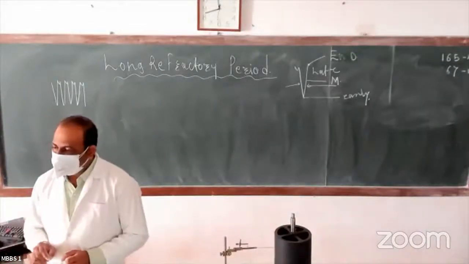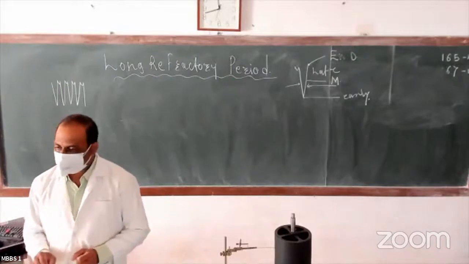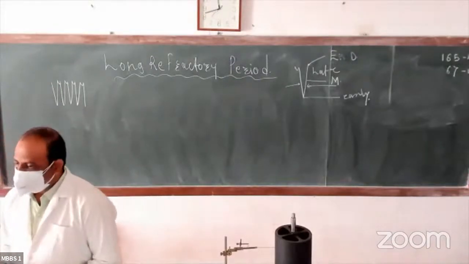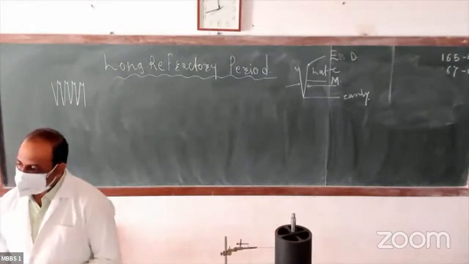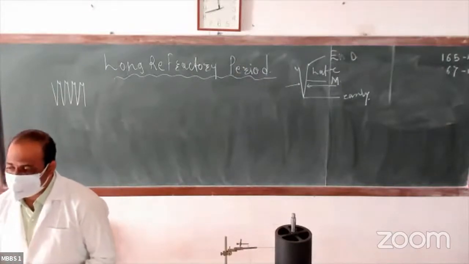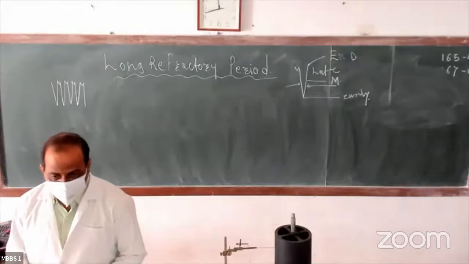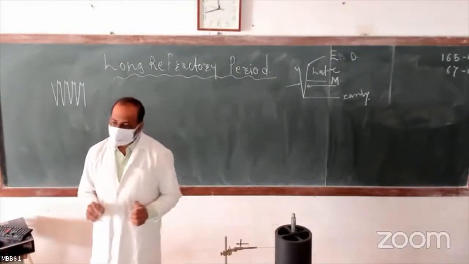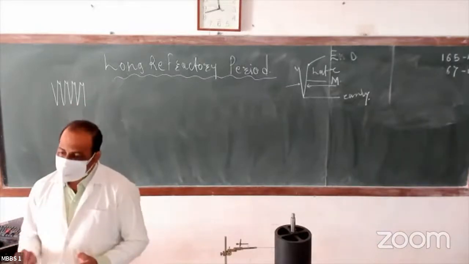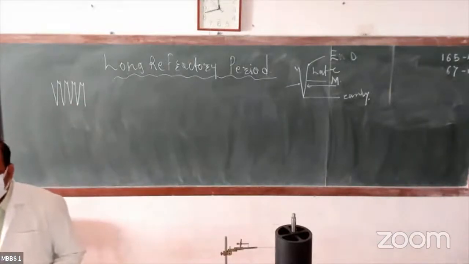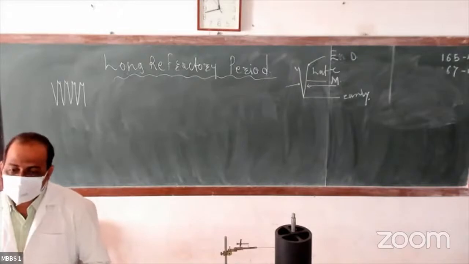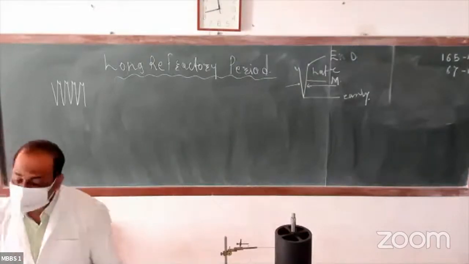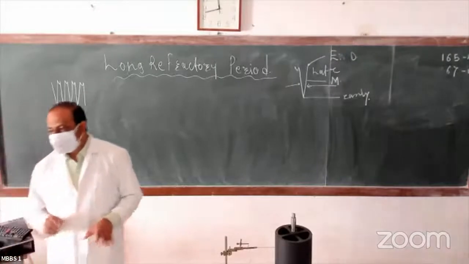The absolute refractory period is the period during which we can't stimulate the already excited tissue even when the strength of the stimulus is suprathreshold. In the relative refractory period, if the strength of the stimulus is suprathreshold, the already excited tissue can give the response. That period we are going to call relative refractory.